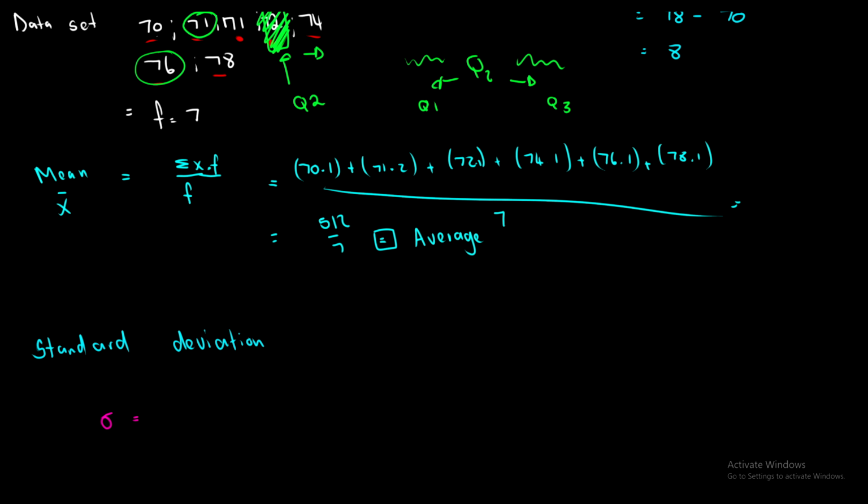The standard deviation is found by subtracting every single point from your average. Let's first write the skeleton of this equation. Plus, you take your next point, 71, minus 512 over 7, squared, plus your next point, 71, minus 512 over 7, squared, plus your next point, and you just do this for every single point.